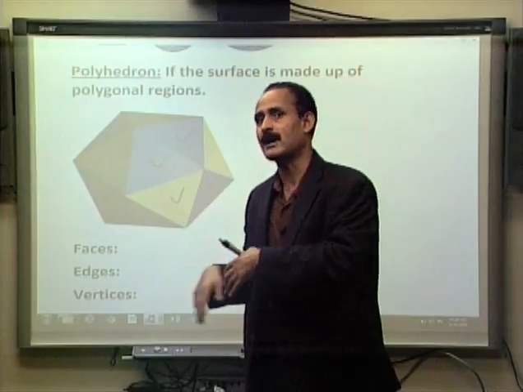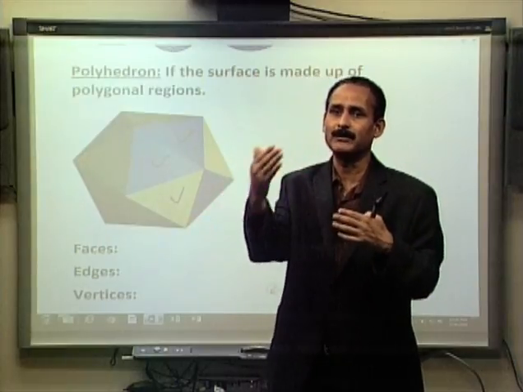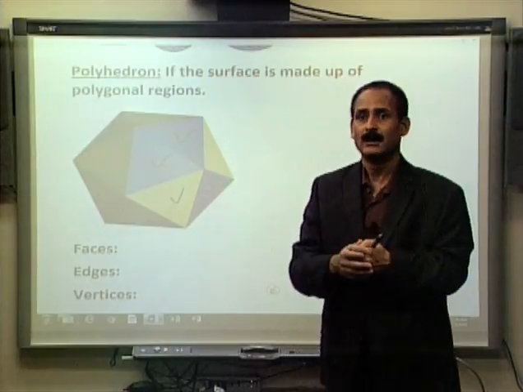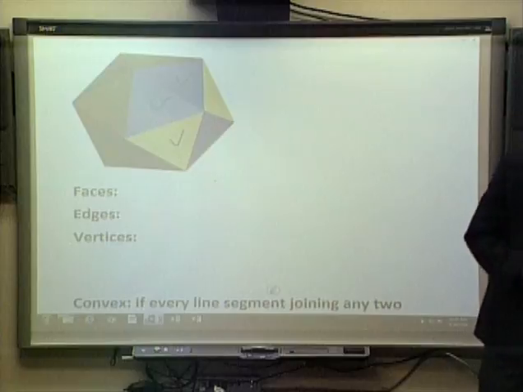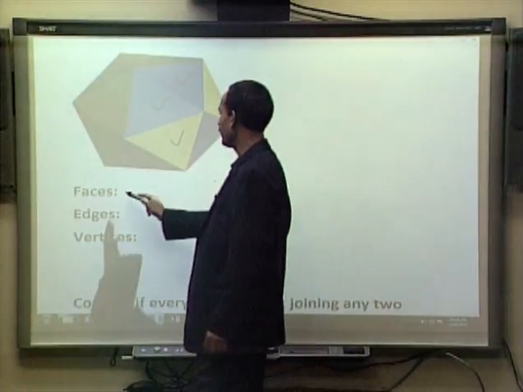You are constructing a closed surface using triangles. Well, in this example it is triangles, but it could be any polygons, heptagons, hexagons, squares or quadrilaterals. Once we have a polyhedron, we have something called faces.